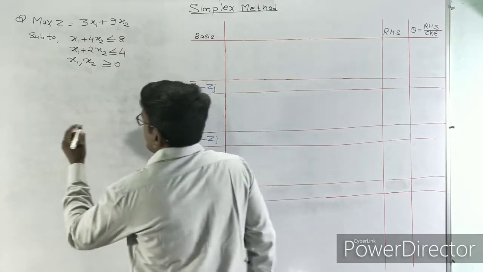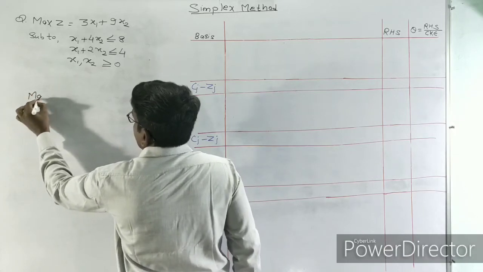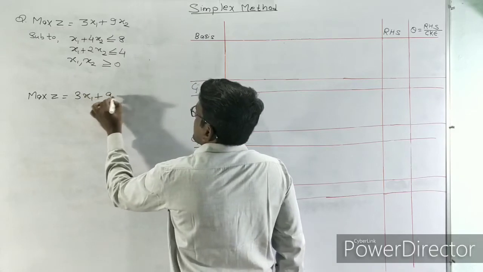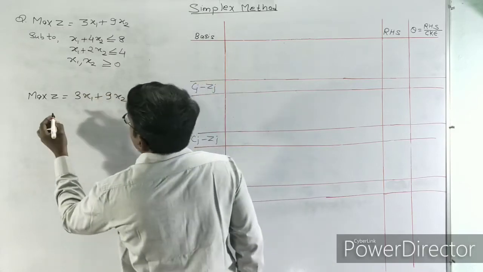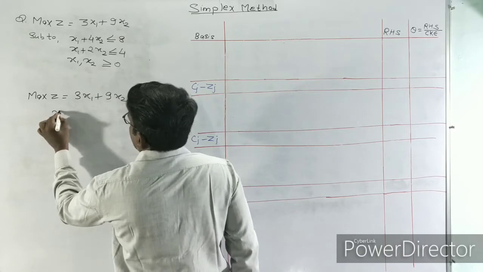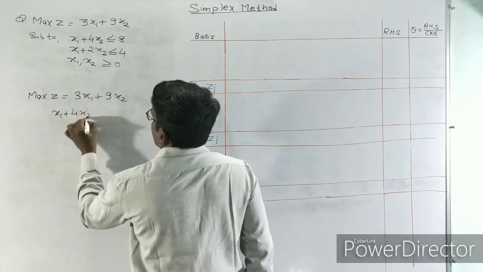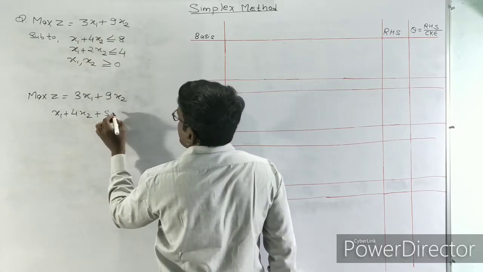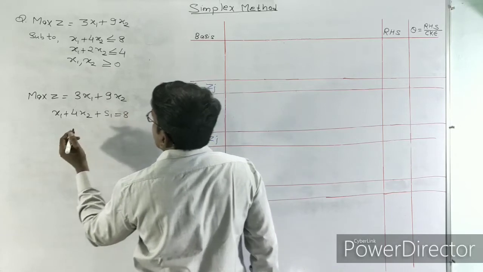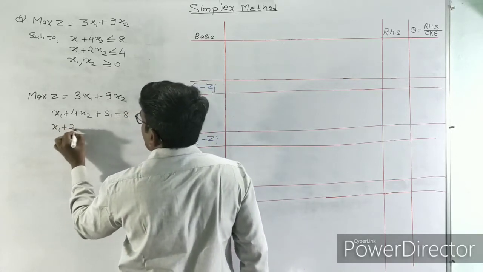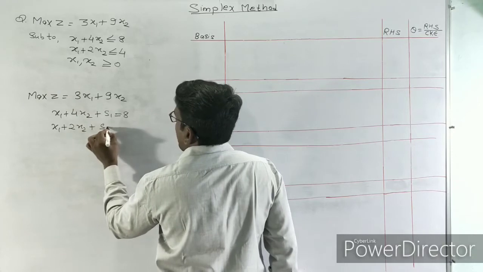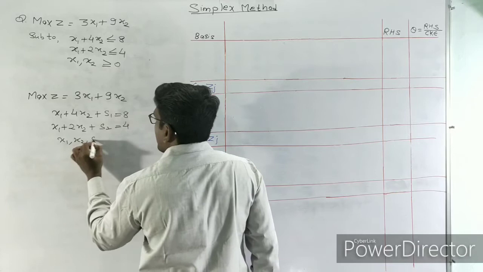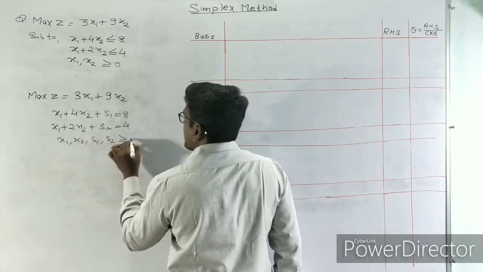So we are converting this into standard form, which is maximize z equals 3x1 plus 9x2, subject to constraints x1 plus 4x2 less than or equal to 8, that means we'll add a slack variable s1 here, so x1 plus 4x2 plus s1 equals 8. Similarly, x1 plus 2x2 plus another slack variable s2 equals 4. Then x1, x2, s1, s2 are greater than or equal to 0.